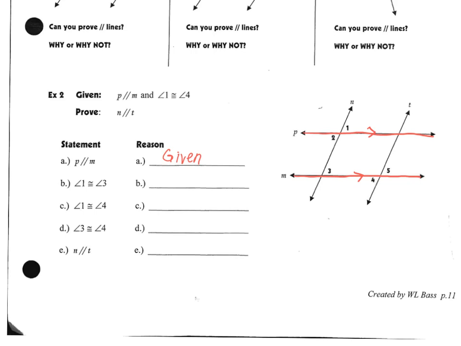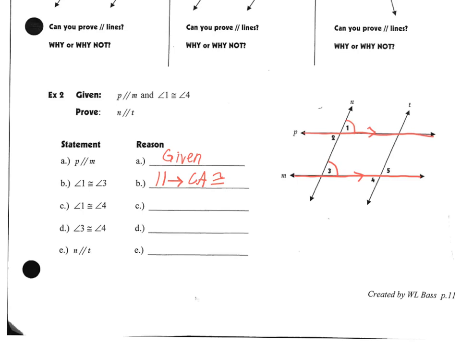If we look at angle 1 and angle 3 and look at those locations, we should see that those are corresponding angles. And so our reason for that is that since we know that lines P and M are parallel, those parallel lines imply that we have corresponding angles that are congruent.